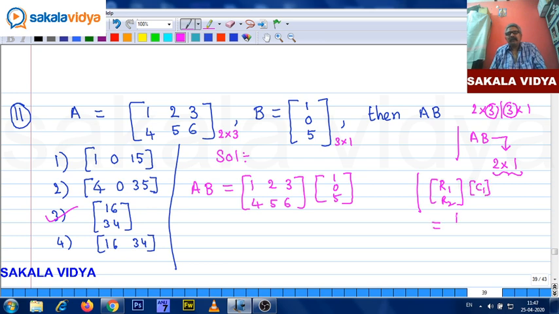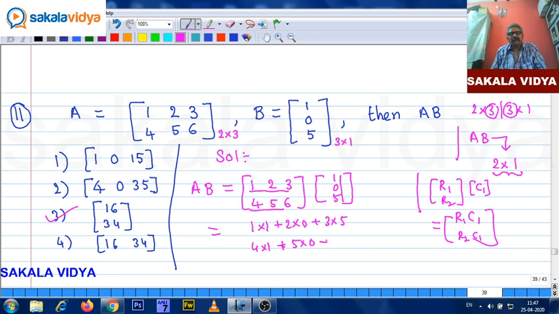So we get row 1 C1, row 2 C1. That's why this will be 2 by 1. This equals R1 into this one: 1 into 1 plus 2 into 0 plus 3 into 5. Next R2 C1: 4 into 1 plus 5 into 0 plus 6 into 5.